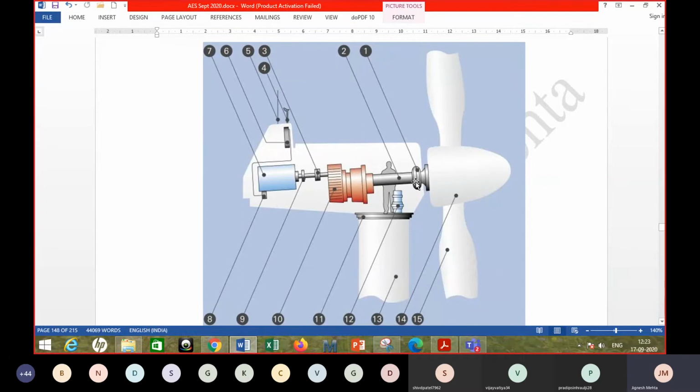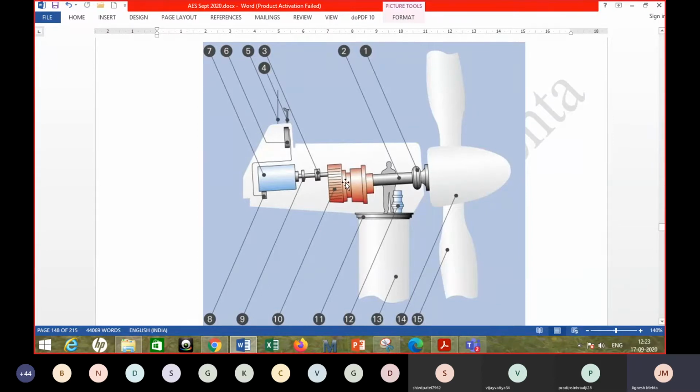Then this one is the coupling, then 2 is the low speed shaft, right? The turbine doesn't rotate at a very high speed, so this is the low speed shaft.